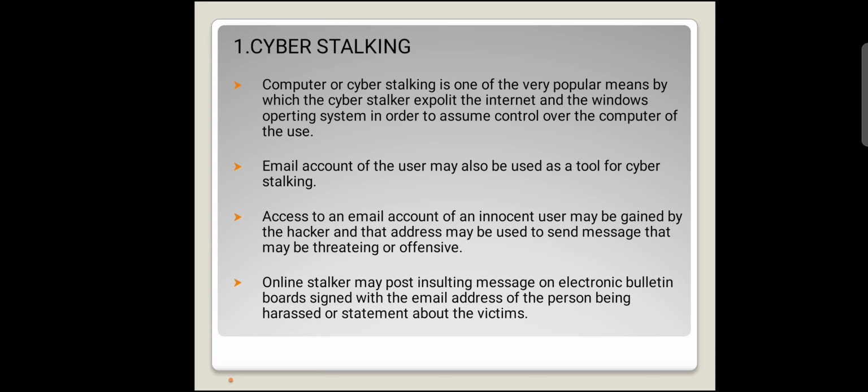Computer or cyber stalking is one of the very popular means by which the cyber stalker exploits the internet and the Windows operating system in order to assume control over the computer of the user, and the email account of the user may also be used as a tool for cyber stalking.